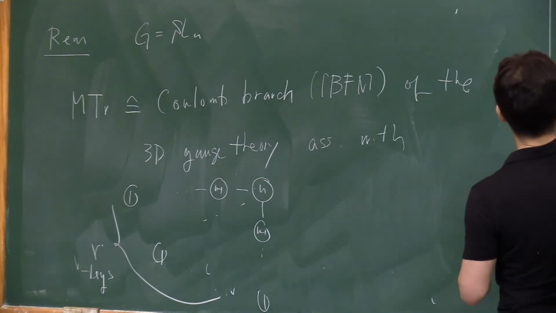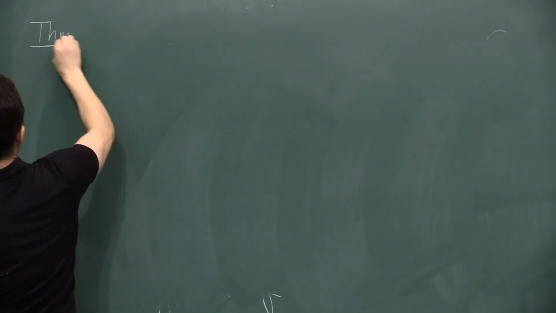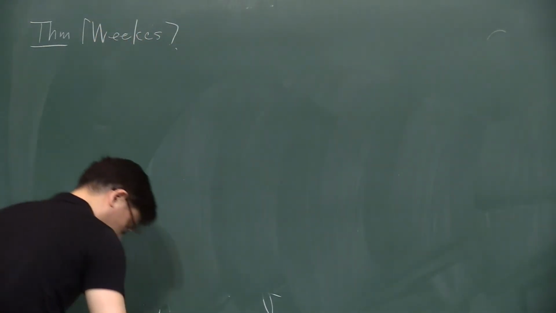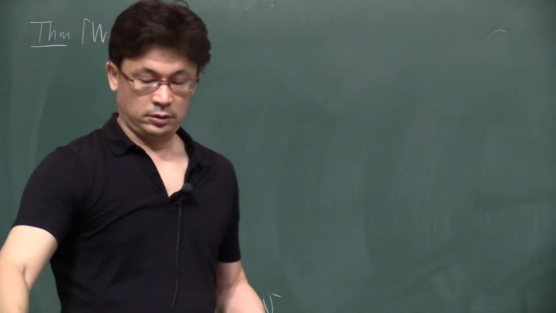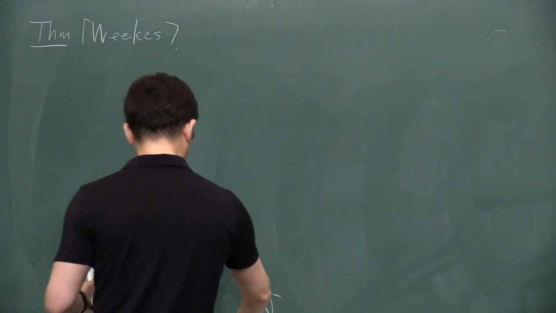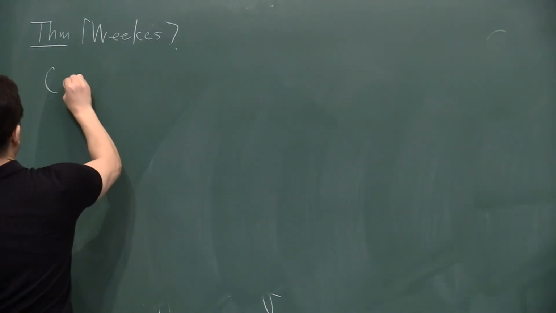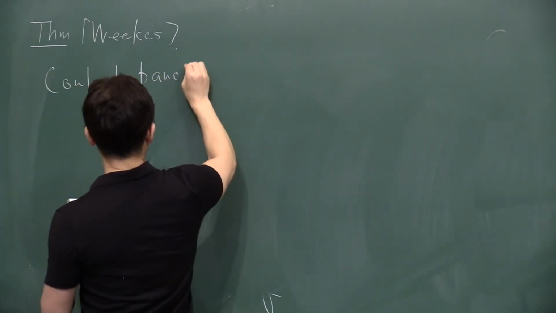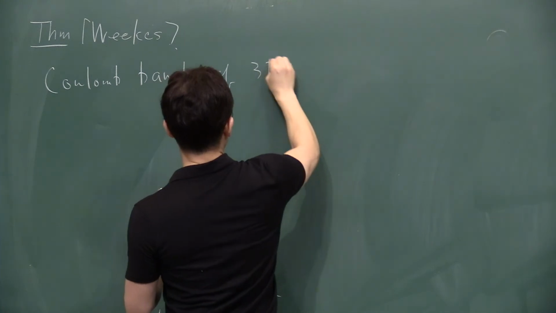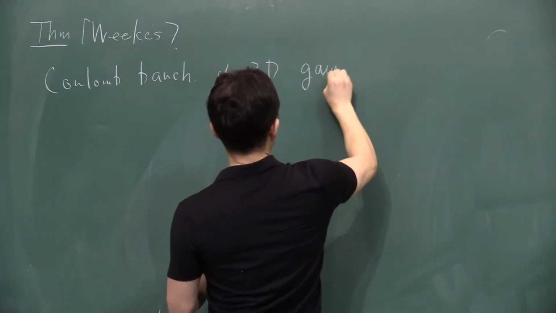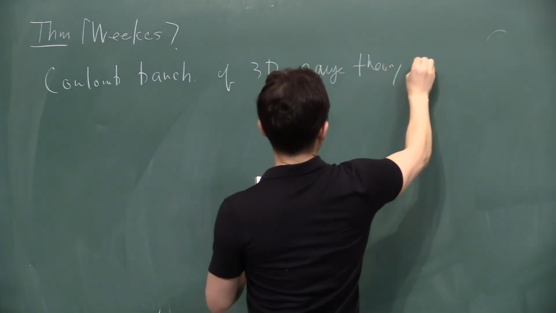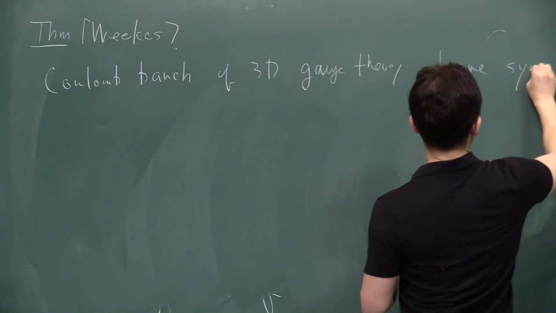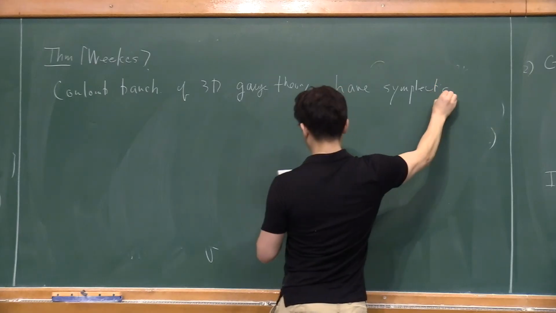And for Coulomb branches, there's a theorem of Weeks, which says: the Coulomb branch of a 3D gauge theory defined by BFN has symplectic singularities.